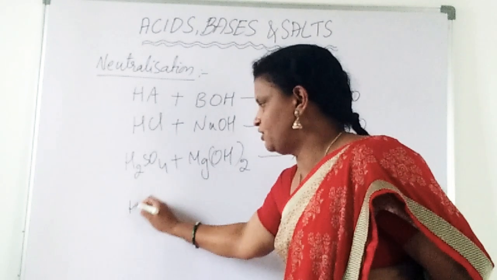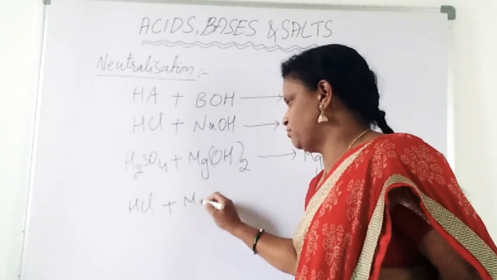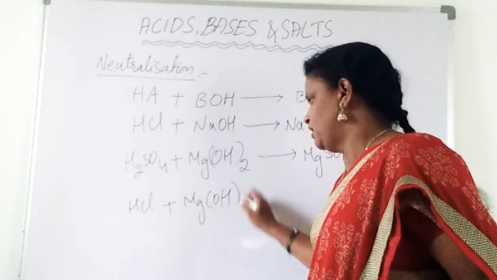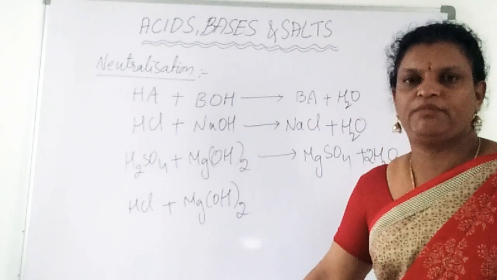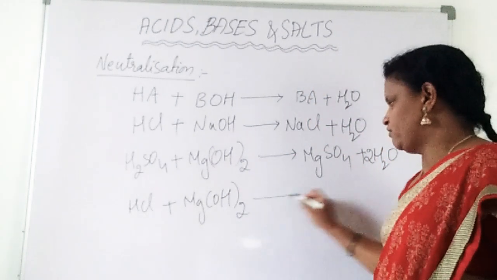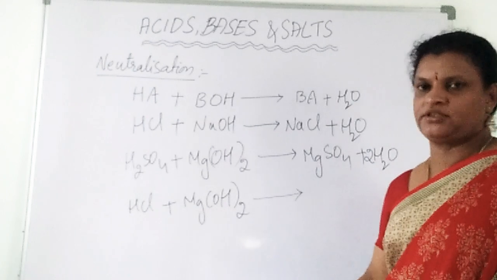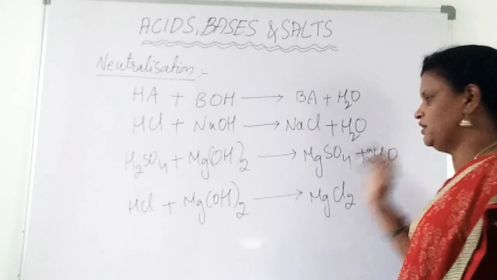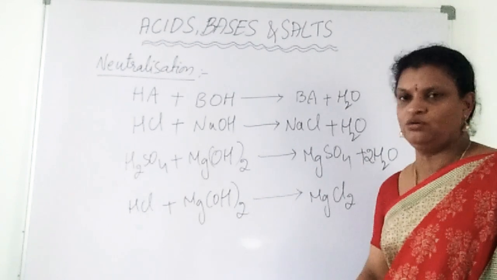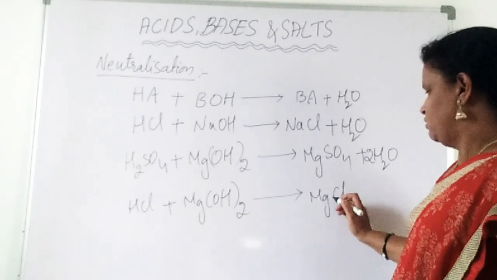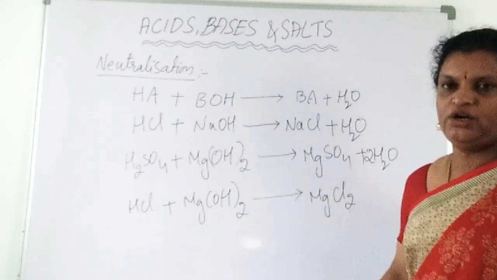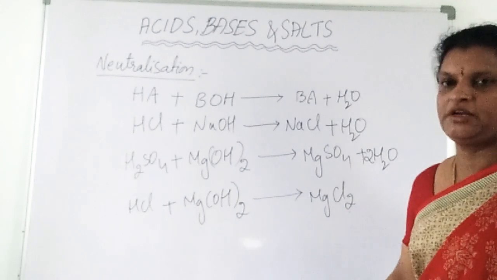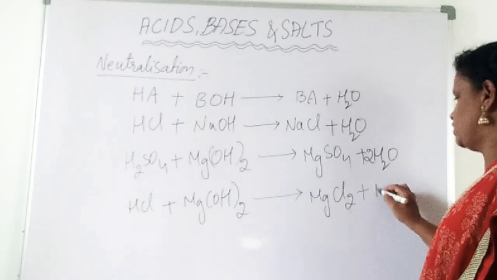Now we'll take hydrochloric acid reacting with magnesium hydroxide. What equation we are going to write, means what are the products? First of all, cation of the base and anion of the acid. Magnesium valency is 2. So that is why we have to write 2 for chlorine, subscript 2. So MgCl2 is the formula for magnesium chloride, and along with that water will form.